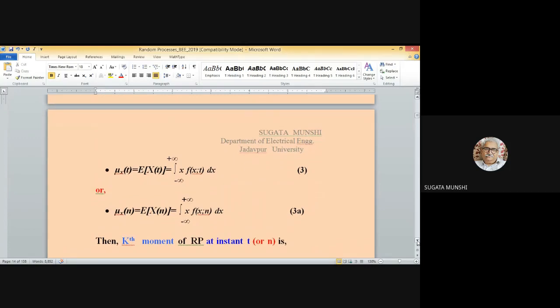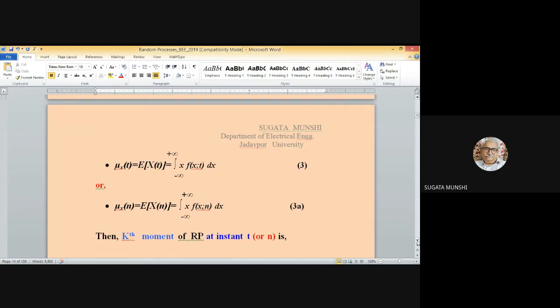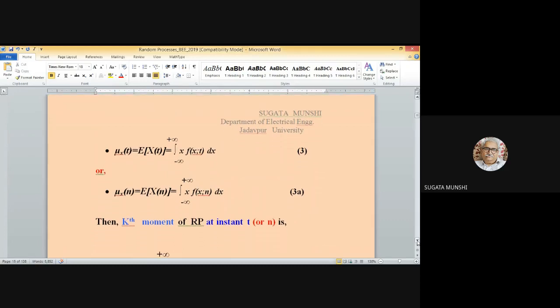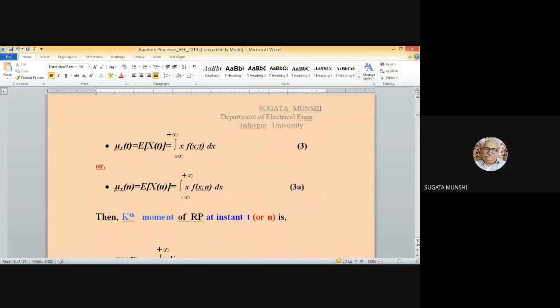After the ensemble average, we are straightaway considering the kth moment of the random process at instant t or n, as the case may be.